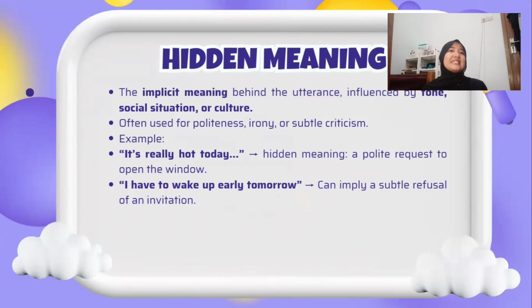The hidden meaning is a polite request for someone to open the window. Or the example like before, "I have to wake up early tomorrow," can imply a subtle refusal of an invitation. It's almost the same as implicature, right?